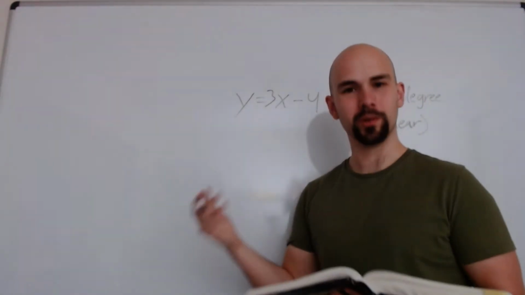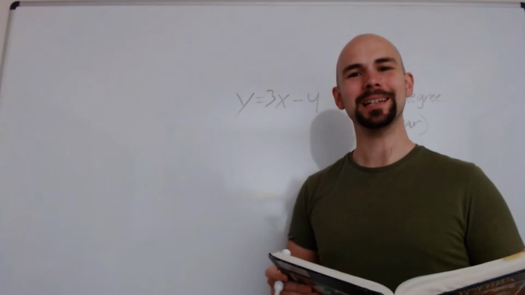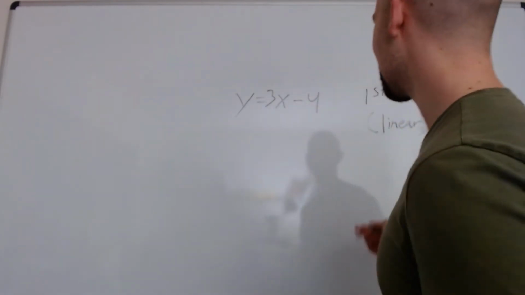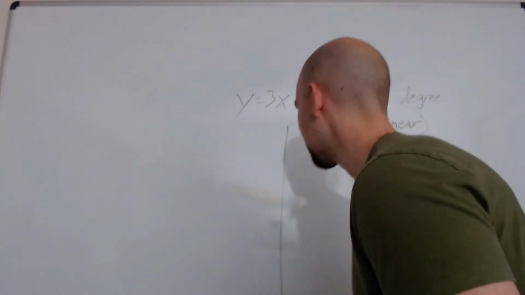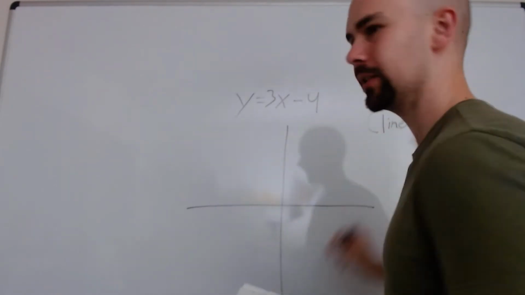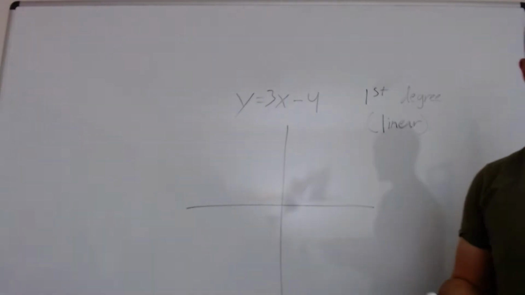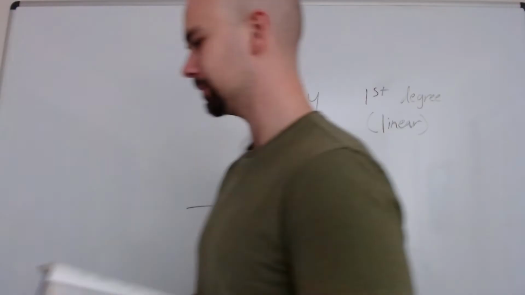And then they say, what sort of a graph will it have? The answer is linear. In other words, if we were to graph this, it would be the same kind of equation that you're used to graphing from probably elementary school on.